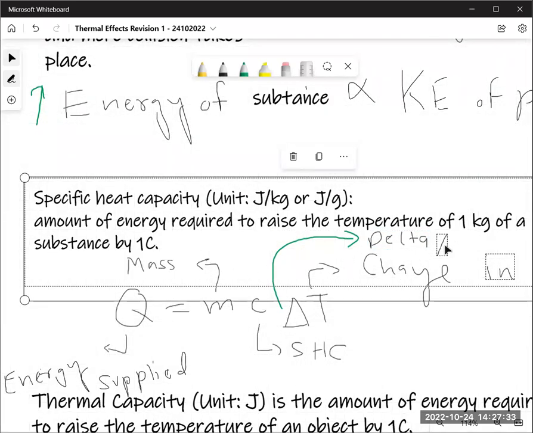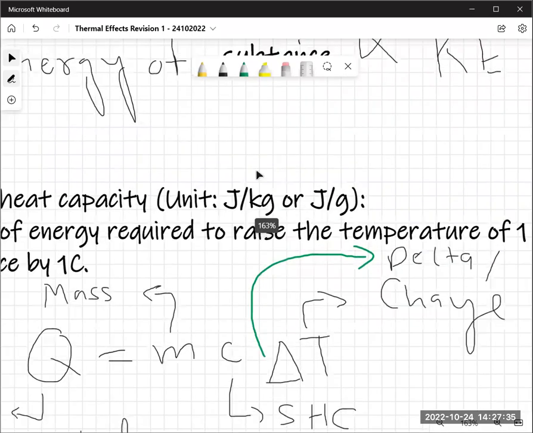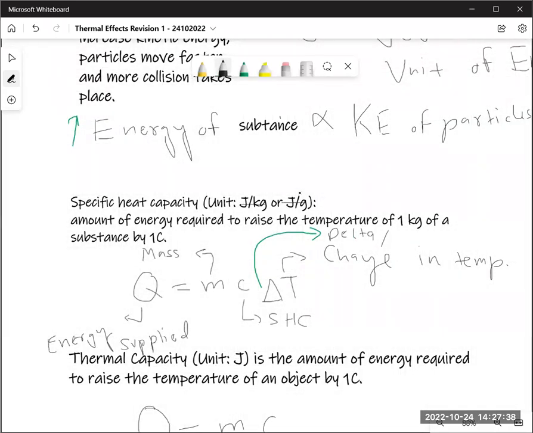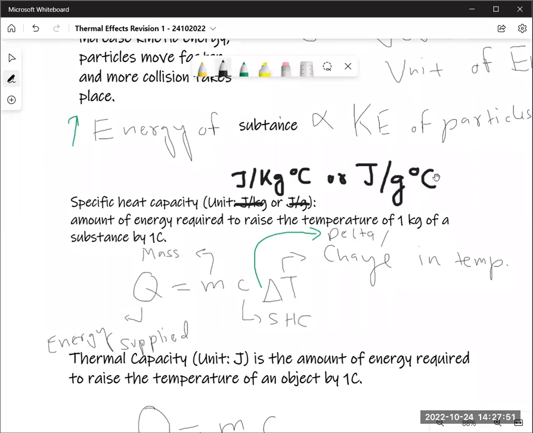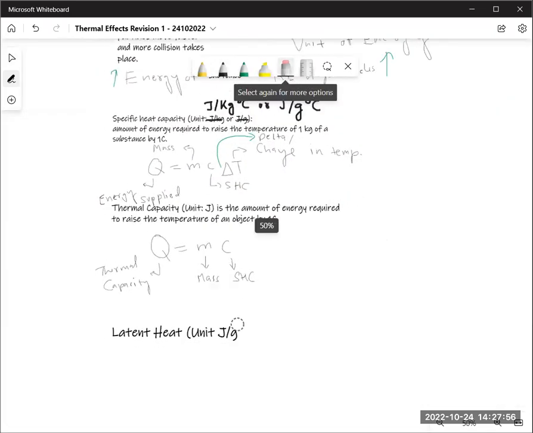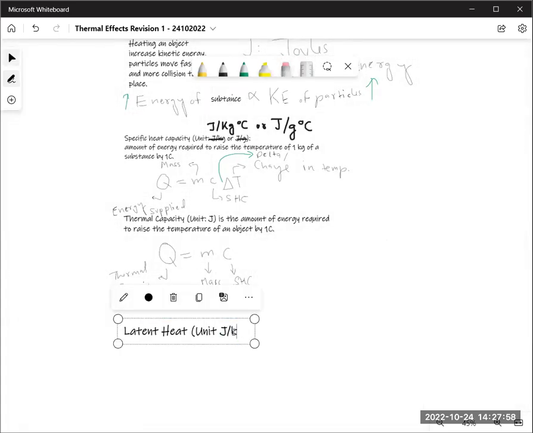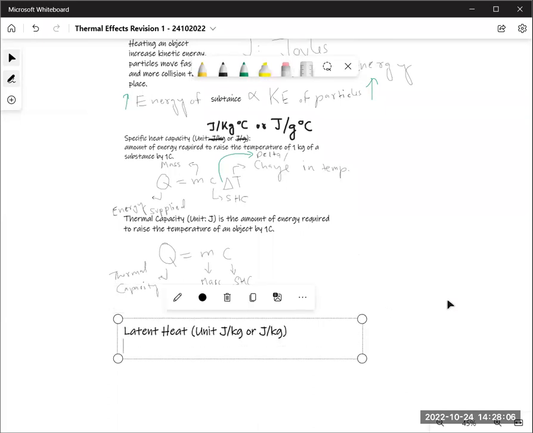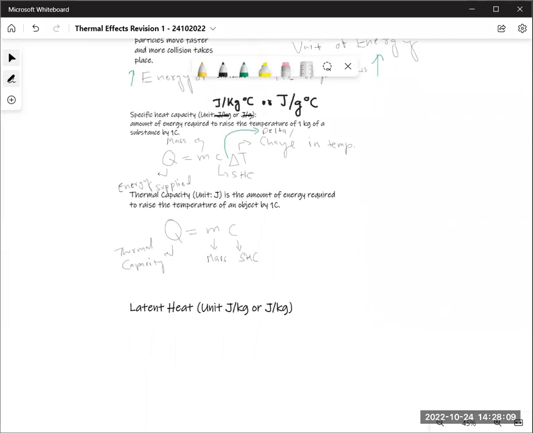It's not actually joule per gram, it's joule per gram per degree Celsius. Finished. Last thing is this.